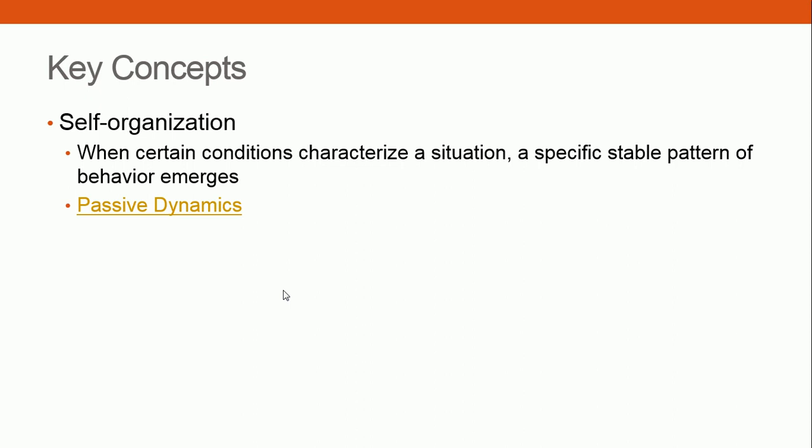An overarching concept that we need to know with dynamical systems theory is the idea of self-organization. Self-organization implies that not everything we do is a direct result of central executive intervention.